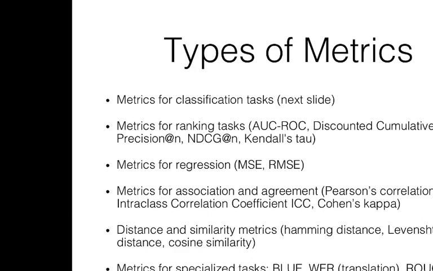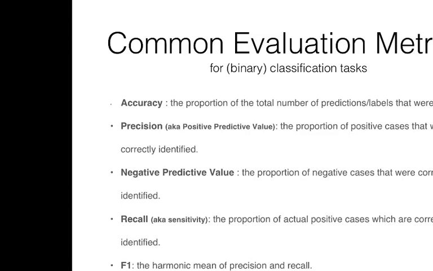There are distance and similarity metrics. Hamming distance is one that we'll use in evaluating your first homework. Levenshtein distance, cosine similarity. And then there are metrics for specialized tasks like BLEU and ROUGE. Word error rate is used in speech. For binary classification tasks, we have things like accuracy, precision, negative predictive value, recall, and F1.